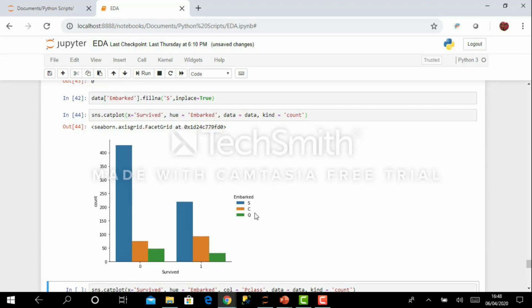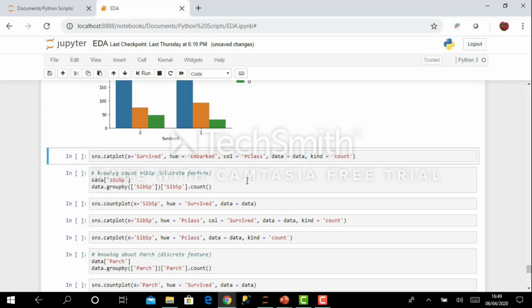For the C point of embarkment, the survival is more than the people who did not survive. And for Q, the people who survived are fewer than the people who did not survive. So I can see that people who embarked from C mostly survived compared to not survived.